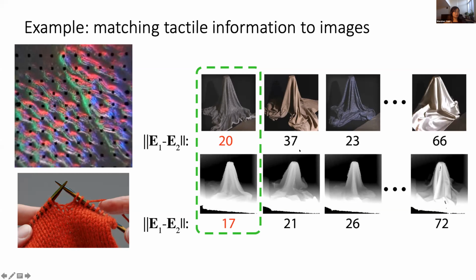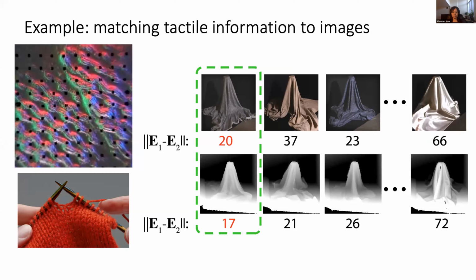That means our neural network is able to learn a descriptor that is exactly about only the properties of those objects. In this case, this piece of material generates the farthest distance between the feature vectors, and it has some properties very different from the tactile signals.